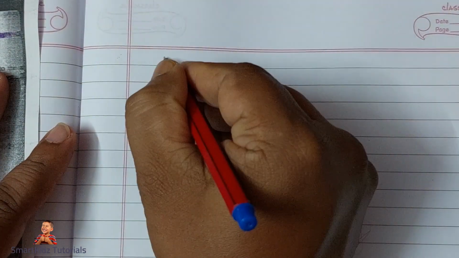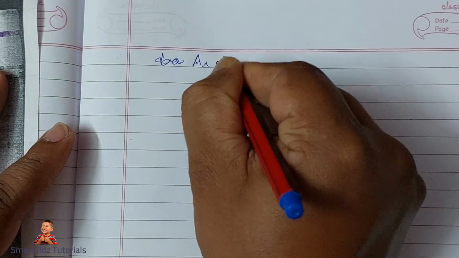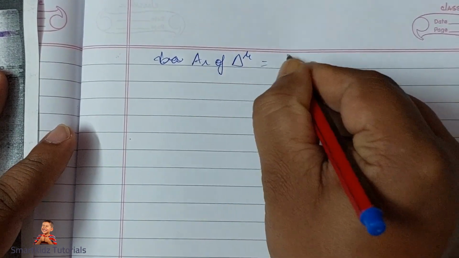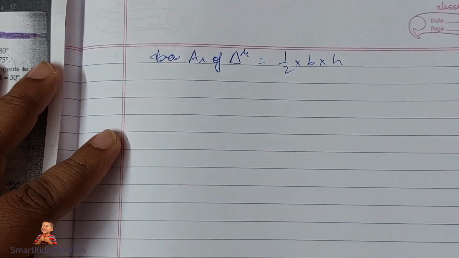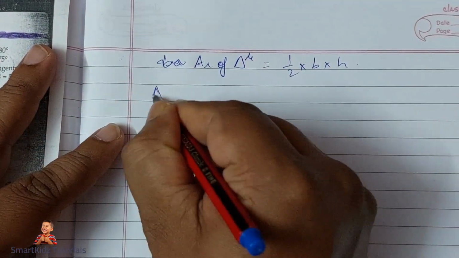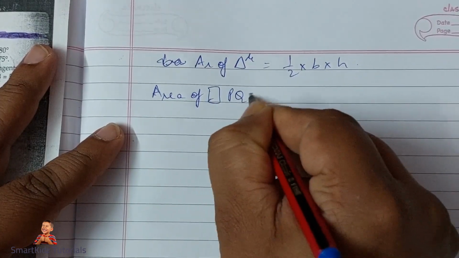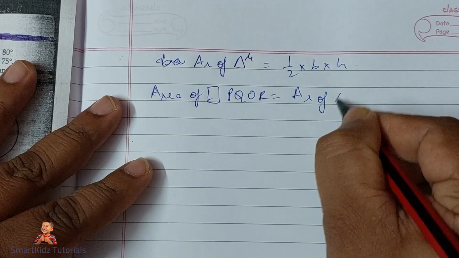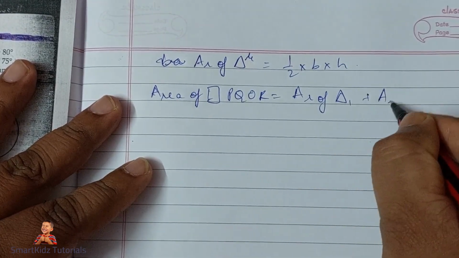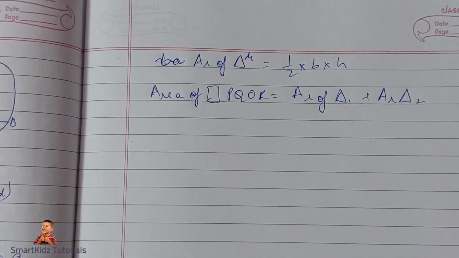So what is the formula? Area of one triangle is equal to half into base into height. Now, if you want to know the area of quadrilateral PQOR, it is actually area of triangle 1 plus area of triangle 2.